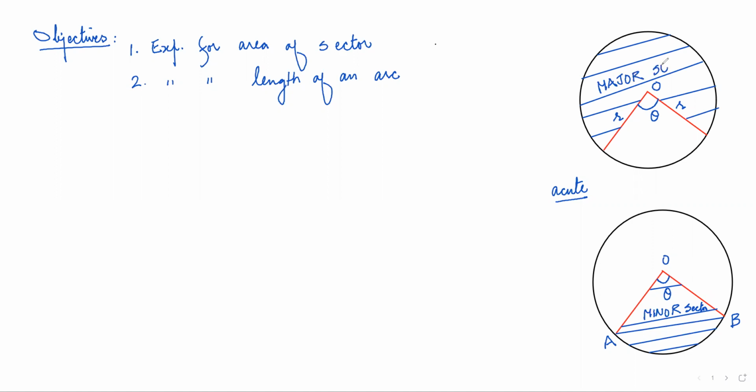Now students, it is interesting to note that for any angle theta, the sum of the major sector and minor sector total area will be pi r square. That is the area of a circle.